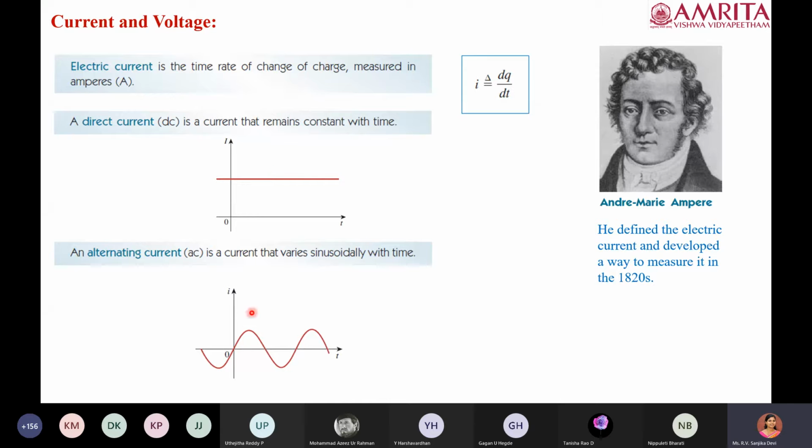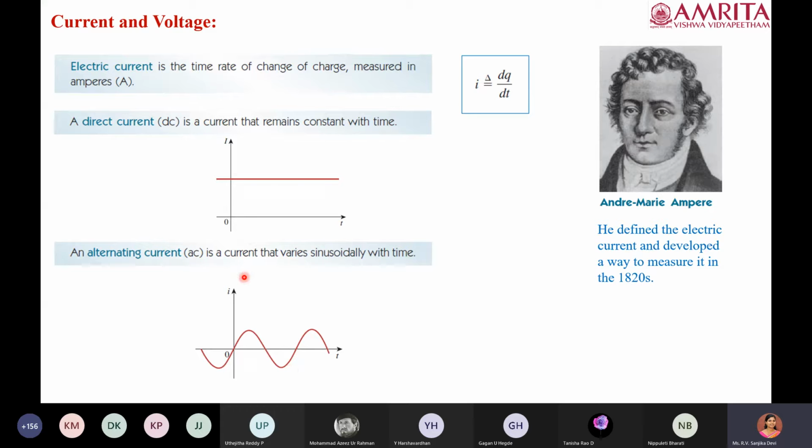However, in the case of alternating current, since the magnitude is changing with respect to time, we have to represent it using either a sinusoidal function or a cosine function. Depending on the reference, it can be represented as a sinusoidal function or a cosine function. Since it is fluctuating with respect to time, definitely it will have some frequency. So the frequency should also be represented in the expression when we are expressing an alternating current.